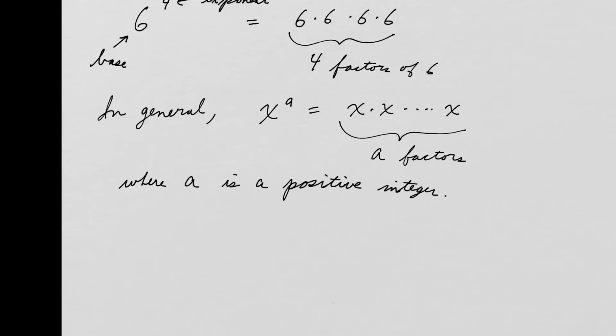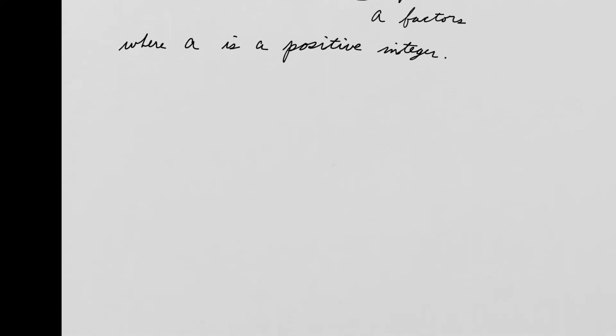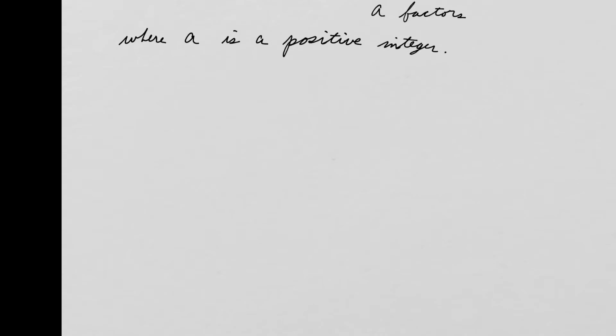Okay, so here's the first rule for exponents. Different books call this different things. In this book, they call it the exponent 1 rule.